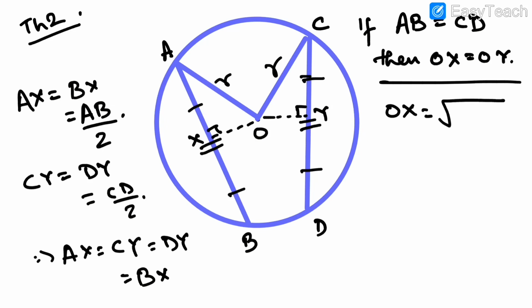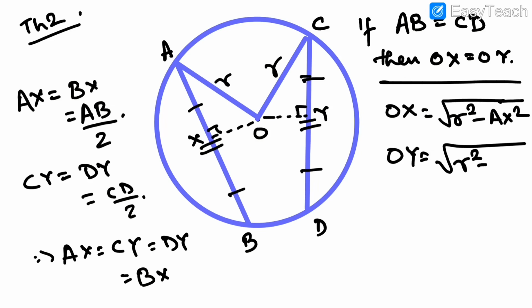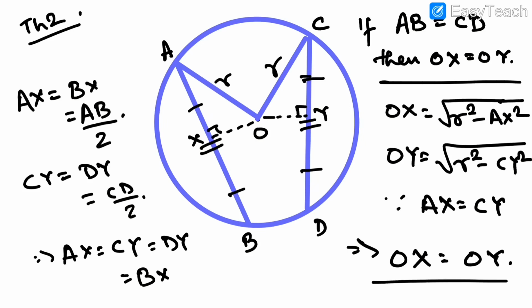That is root over r square minus AX square. Correct. And OY is root over r square minus CY square. But since AX equals CY, therefore OX becomes OY. Hence proved.